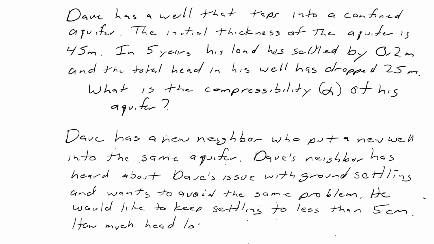So the question is, how much head loss can Dave's neighbor allow to keep compaction to less than 5 centimeters?